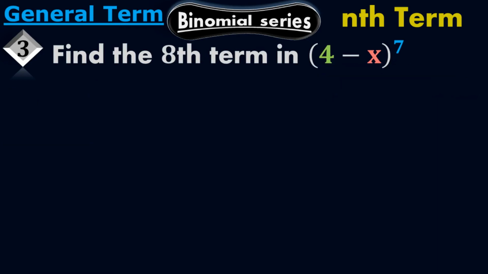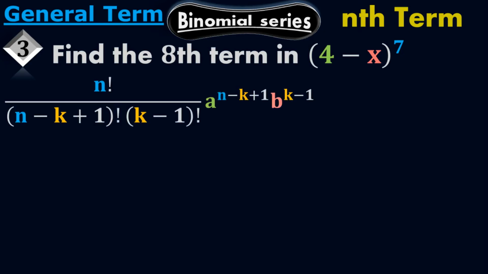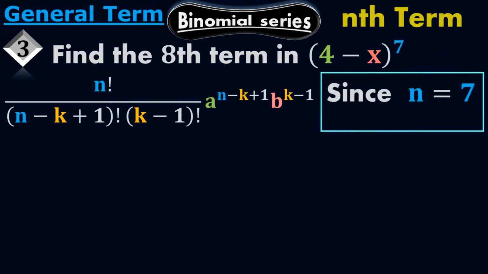Now let me try the direct way to find the 8th term. This is the direct expression to find any specific term, so I think it's better to use this. Since we know that n equals 7 and k equals 8, the value of n is 7 and the value of k is actually the name of the term. If it is the 7th term, you put k equals 7.